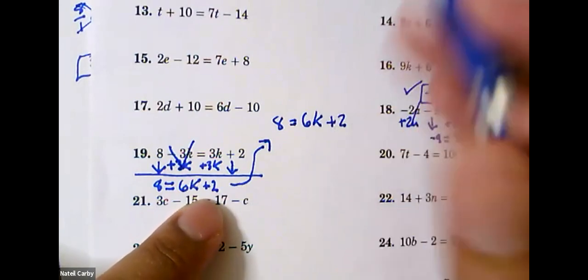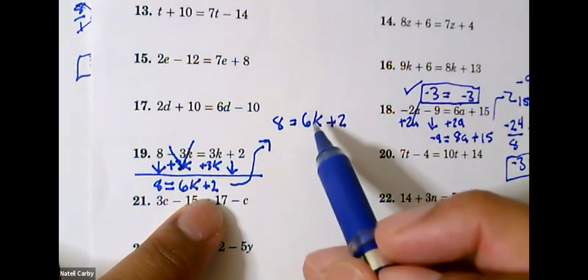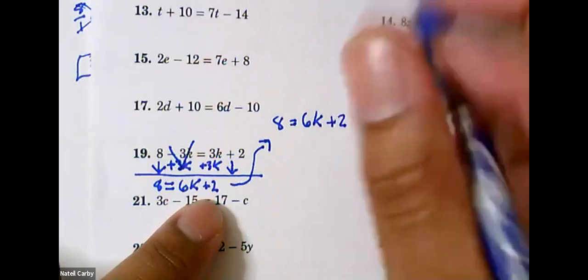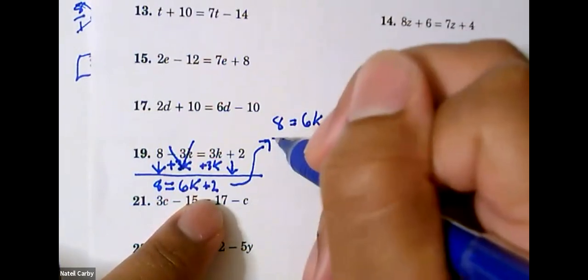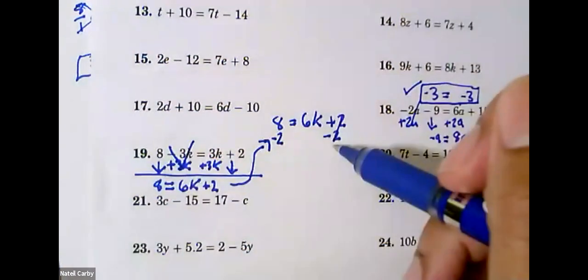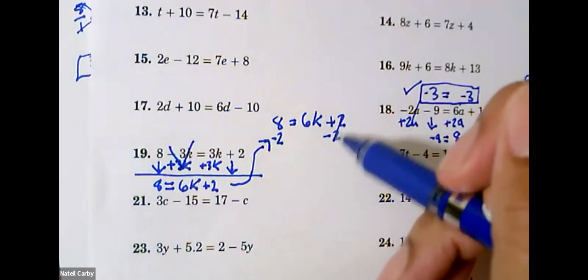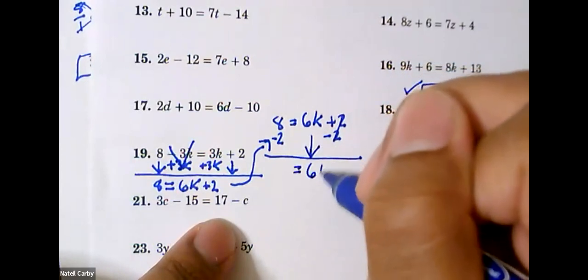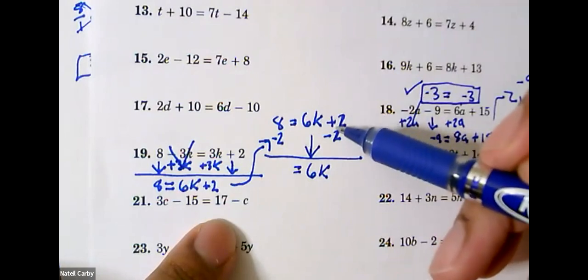All right. So again, I do not want this 6k plus 2 because it's ugly. The variable needs to be alone. So get rid of the plus 2, subtract 2 from both sides. You don't want to subtract 2 from the 6k, remember, because they are unlike terms. You want to subtract a constant from the constant. So my plus 2 minus 2 equals 0. Awesome.